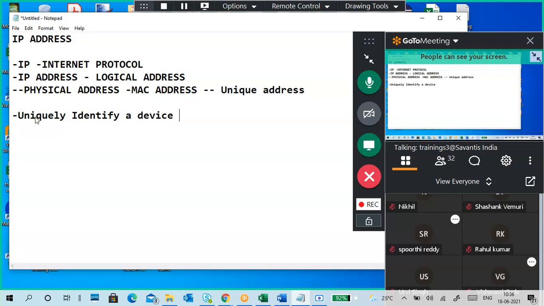Because in olden days computers were there. Nowadays, any electronic device, like an electronic TV remote, mobile phone, laptops, tablets, Google Home. Any device which can connect to the internet, basically anything we can connect with a network.